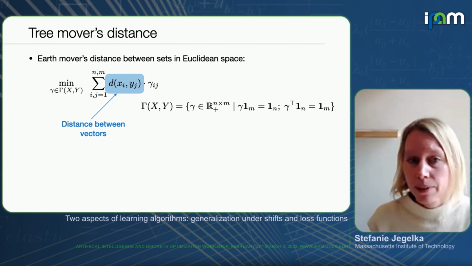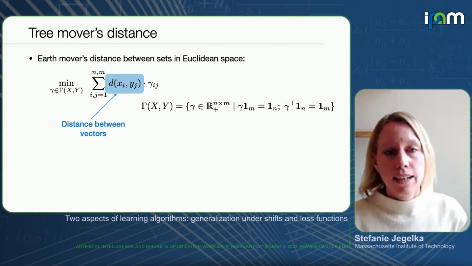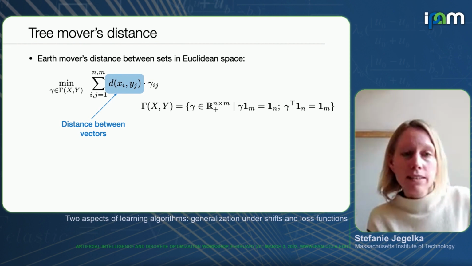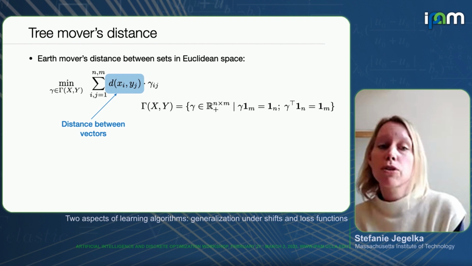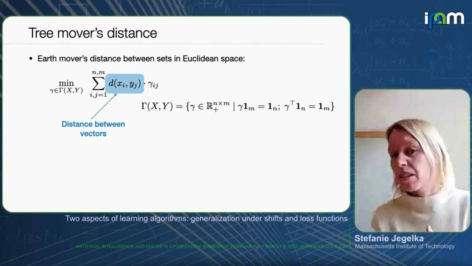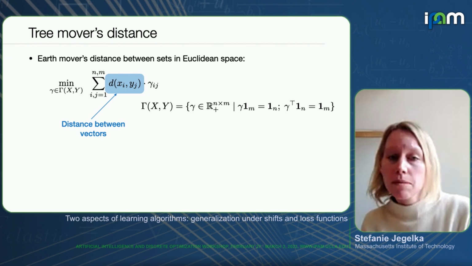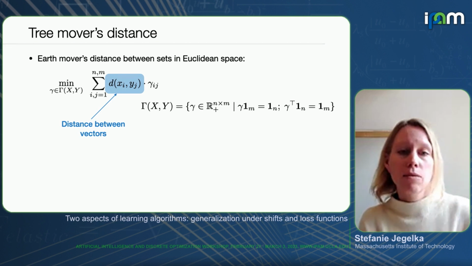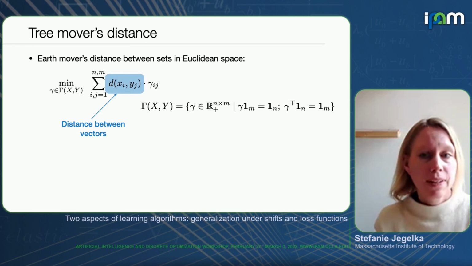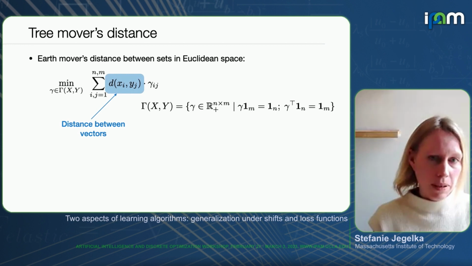That's the penalty. The idea is that I'm moving the pile, the distribution x, into the distribution y, and I want to do it with minimal effort. I don't want to move the points x_i too much to match them to the y's, and I don't want to move too much mass. That's what this matching problem says.